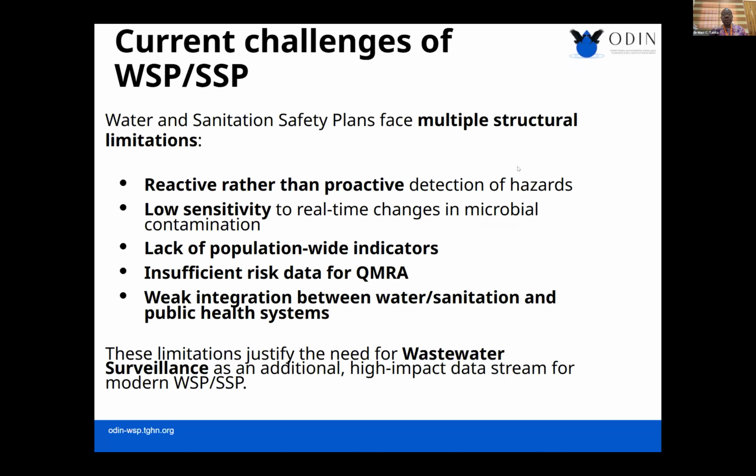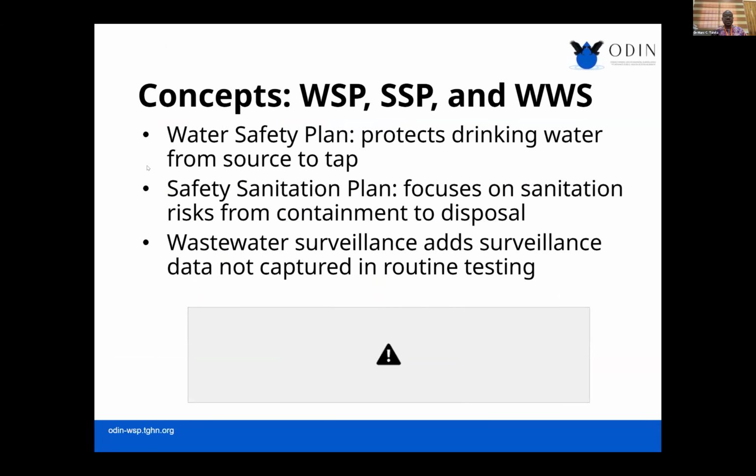Before going further, I would like to give some definitions of the concepts so that we are at the same level of understanding. That will make things easy.